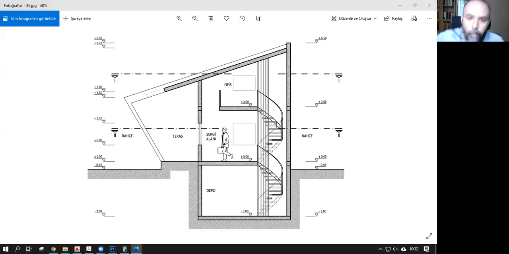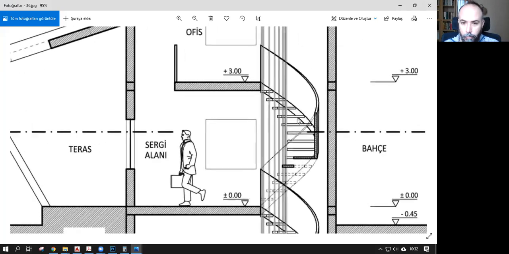So this is how it appears on the white paper. As you can see here, all the things that are being cut are being drawn by thick and black lines, and they bear the hatch, and the rest is being represented with thinner lines.